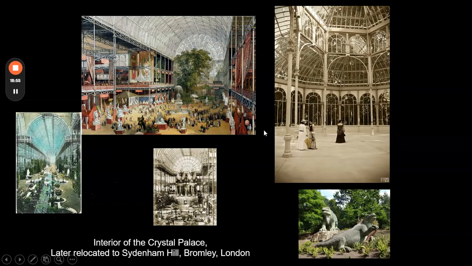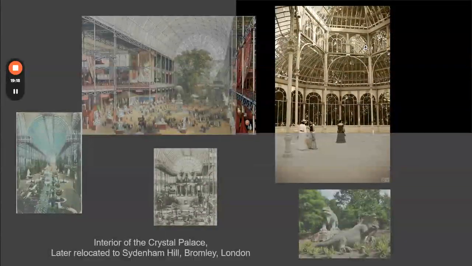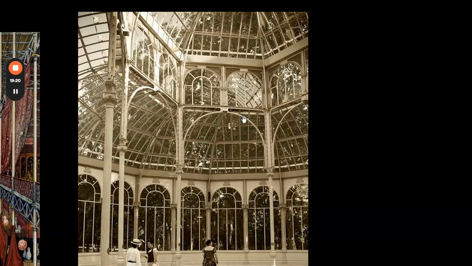But after the fair was over, the Crystal Palace was so popular that it was disassembled, sort of folded flat, and shipped to just outside of London in Sydenham Hill. And this was seen as one of the first real modern buildings. The idea of architecture that's naked, that's not disguising itself in grand veneers, but is very honest, open architecture.